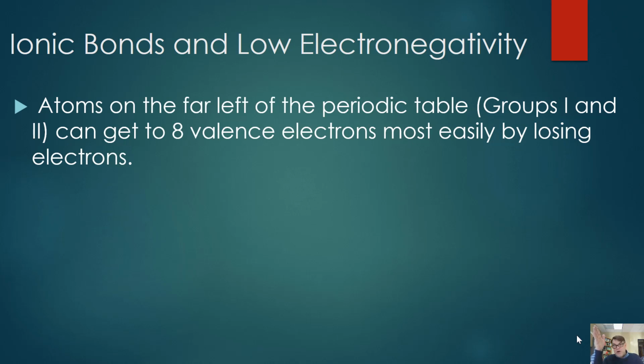So the atoms on the far left of the periodic table can most easily get to 8 valence electrons by giving one up. Sodium and lithium only have 1 valence electron in their outer shell. If they can get rid of that 1 electron, then their outer shell is basically the next row down.